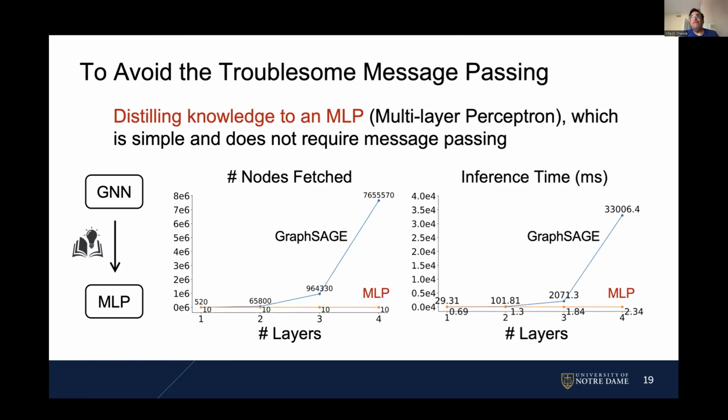So even if there is a large graph neural network that exists, the cost of distilling it to an MLP for a specific task is insignificant. But the more important thing is, at the time of inference, the MLP is very efficient in terms of its performance.